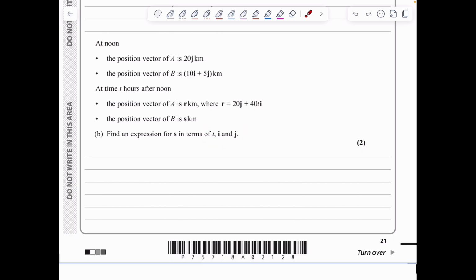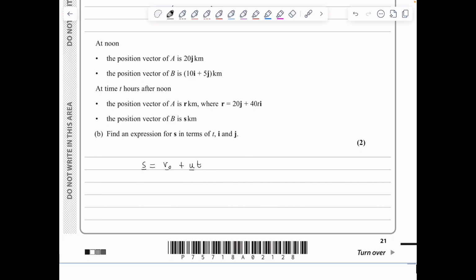So the position vector of B, which is s, is given by the initial position vector, which I will call r naught, plus u times t, and we've got no acceleration, so it's simply the initial position vector plus the velocity vector times the time.